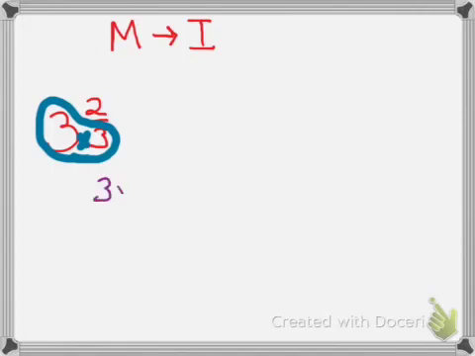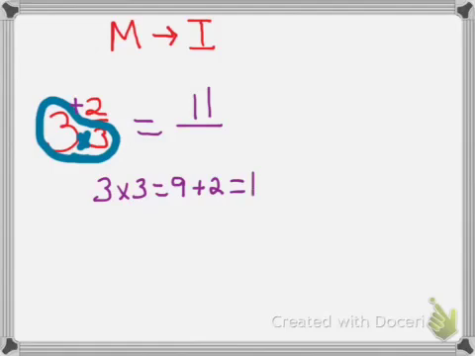Now I want to keep that answer in my head. I'm not going to do anything with that yet. What I'm trying to do is get an improper fraction, so a top-heavy fraction. Then what I want to do is take 9 and add to it my numerator. So 9 plus 2 is 11, and I want to put that as my new numerator. Then to get my denominator, well, my piece stays the same, so it's 3. So 3 2/3 is the same as 11 thirds.